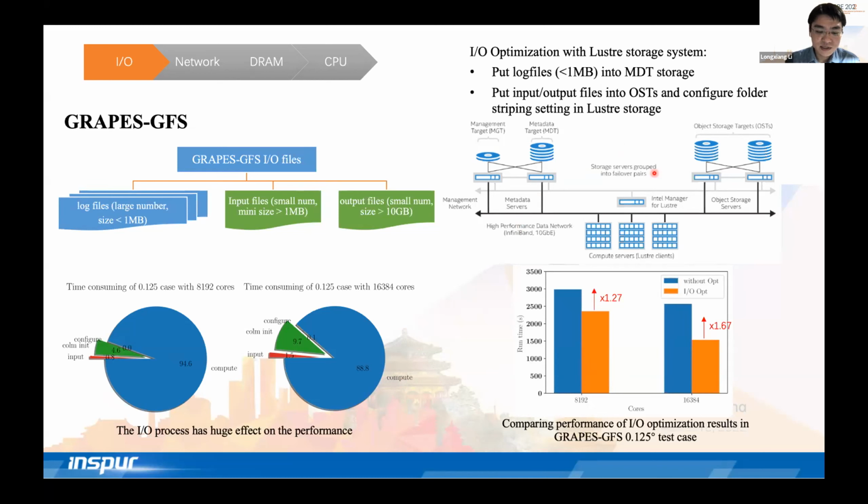Secondly, we put the large input and output files into the OST storage and configure these files with striping to store data over multiple OST storages. After this optimization, the run speed of GRIPS has increased from 1.27 to 1.67 times over 8,000 and 16,000 cores.